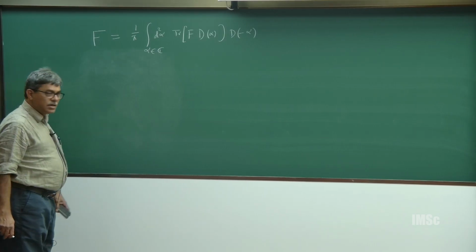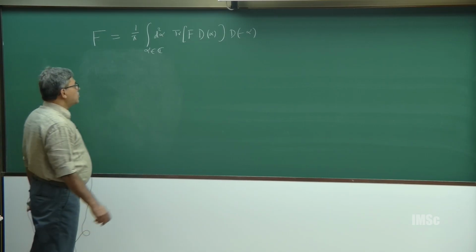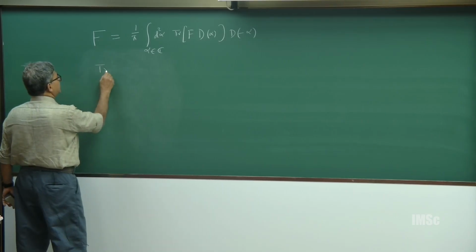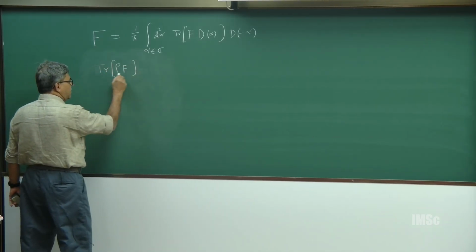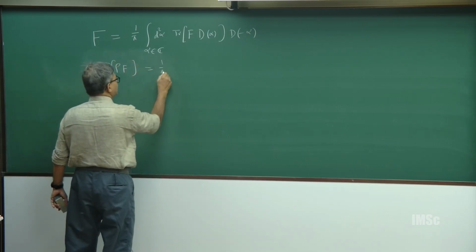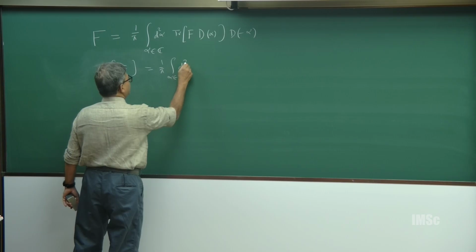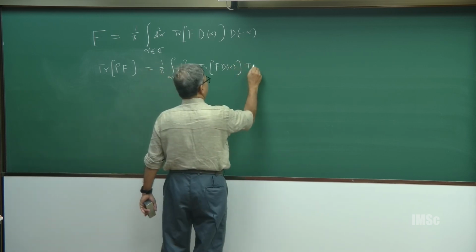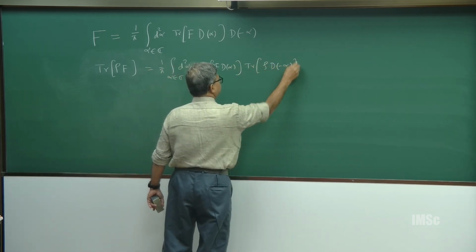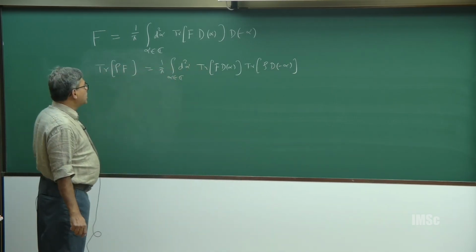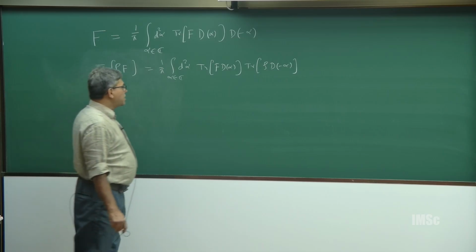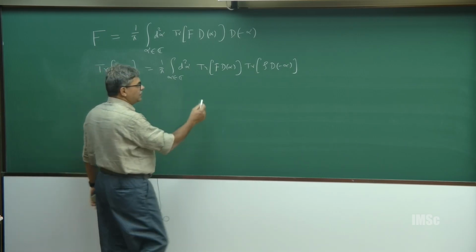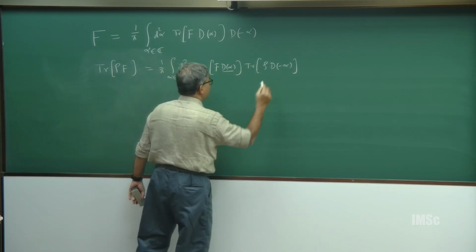Now, this is not a very good representation. If I take a density matrix and take the average value with respect to this operator, this will be the integral over alpha belonging to C, d squared alpha, trace of f D(alpha), then trace of rho D(minus alpha).